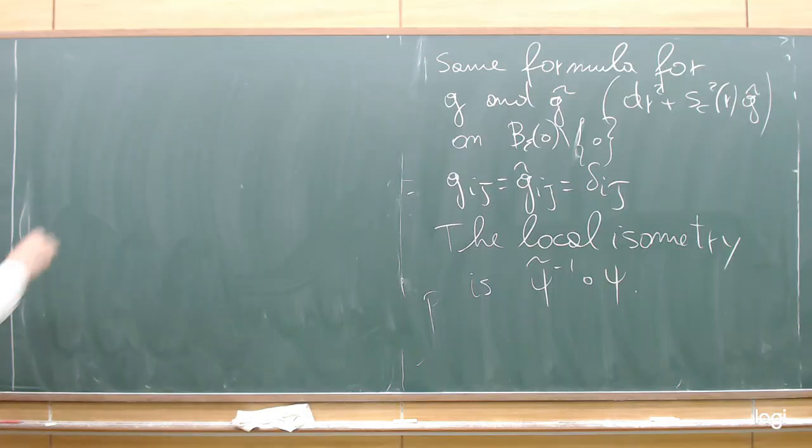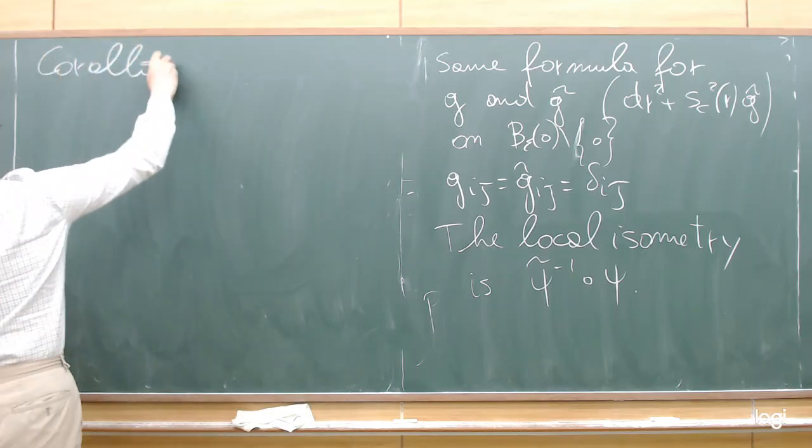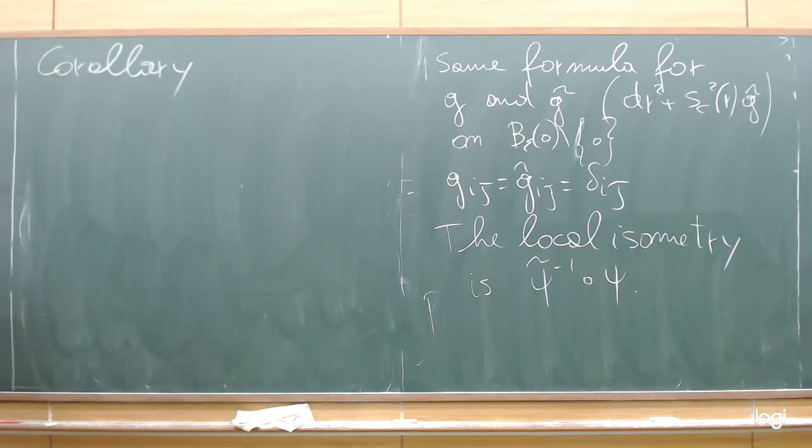Another corollary, which is always about metrics with constant curvature, states that such metrics can be written as warped products.